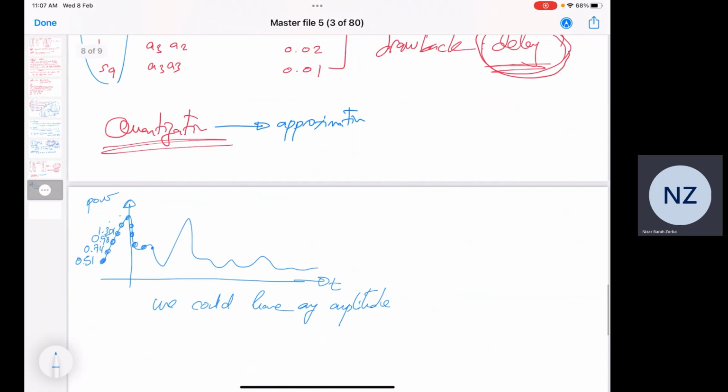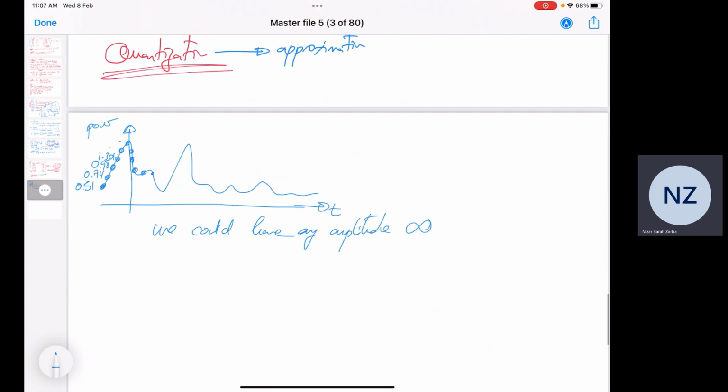Here we are saying that you can have any value, infinity. Even if you go for the easiest encoder, the fixed encoder, the number of required bits equals log 2 of the number of samples. So how much is log 2 of infinity?